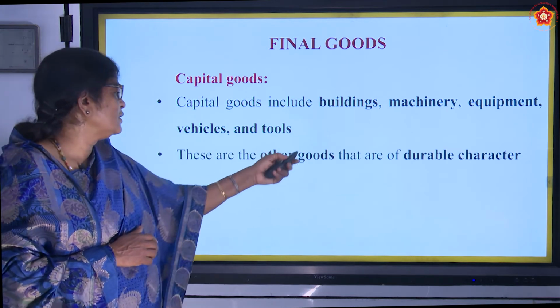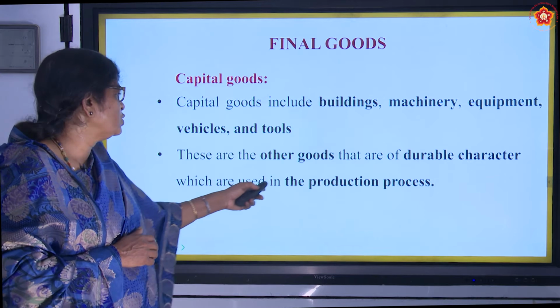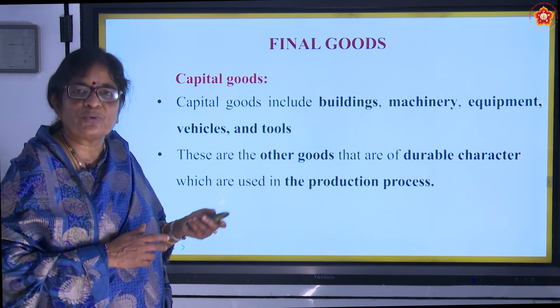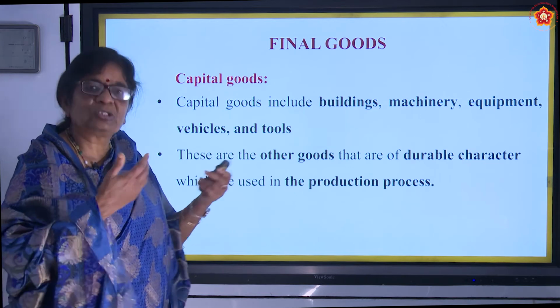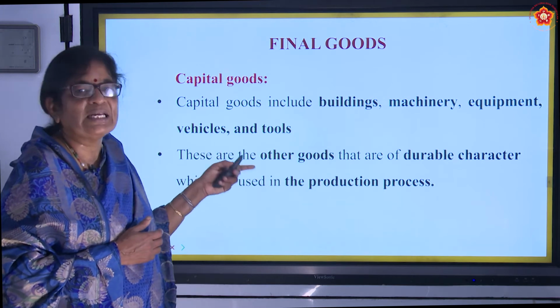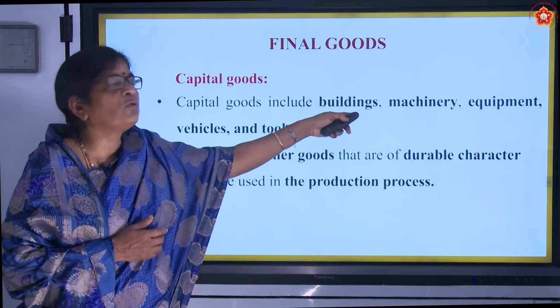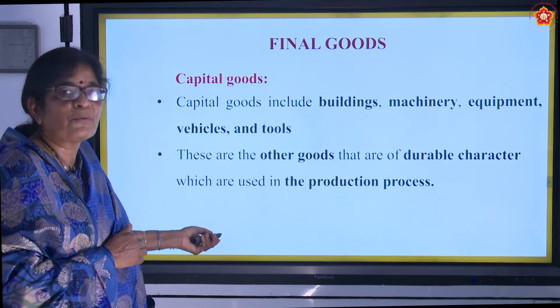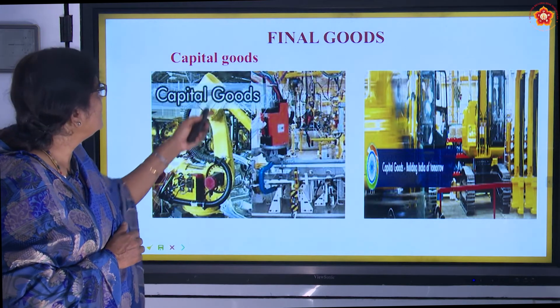These are goods that are durable in character and are used in the production process. The university or school buildings are used for educating students, for human resource development. Therefore, we give services using the buildings, and all the machineries, like photocopier machines, help in that process as supportive instruments. And these are the capital goods.